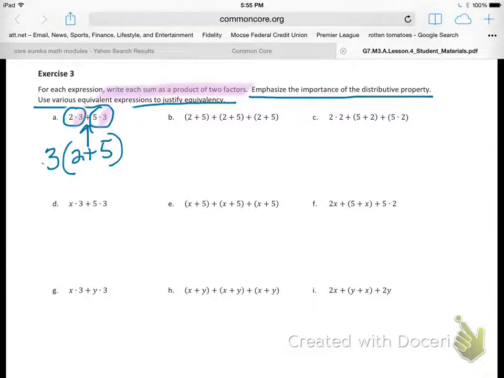You notice you have 1, 2, 3 similar expressions. Okay, so if you have 3 identical expressions, you know that is addition, and just like 2 plus 2 plus 2 is the same as 3 times 2, this would work the exact same way.